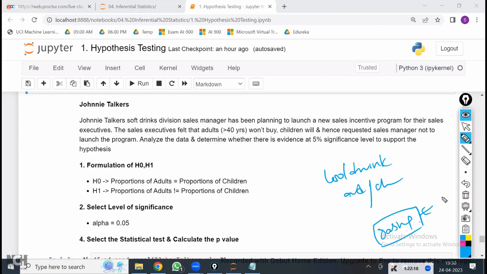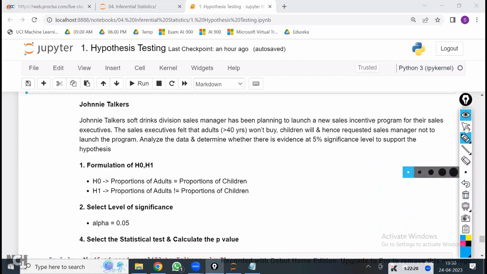Next. What is the difference between Levene's test and the independent t-test? Levene's test checks whether the variances are equal or not, the hypothesis being about variances, whereas the two-sample t-test is applied on two different columns.